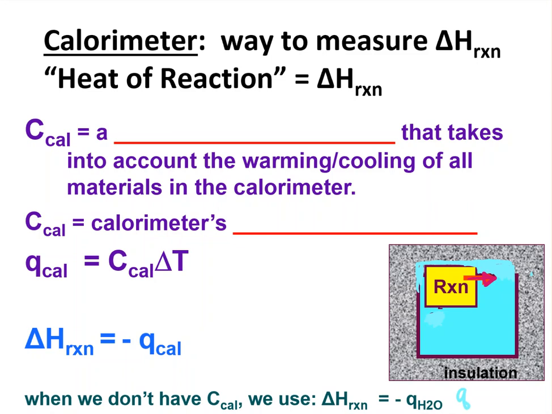This would be where we use like a Q equals s m delta T equation for the water, and we can see how much heat the water absorbed in this case, and then figure out the heat of the reaction, what's happening with the substances. Anyway, another way of doing this is to use this C-cal, that's the calorimeter constant.